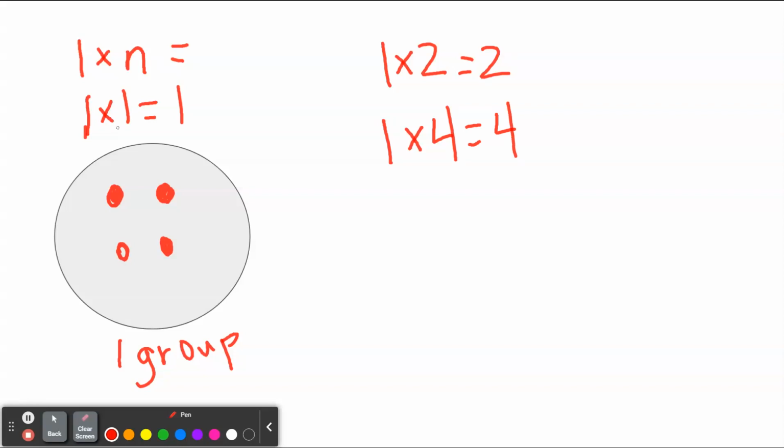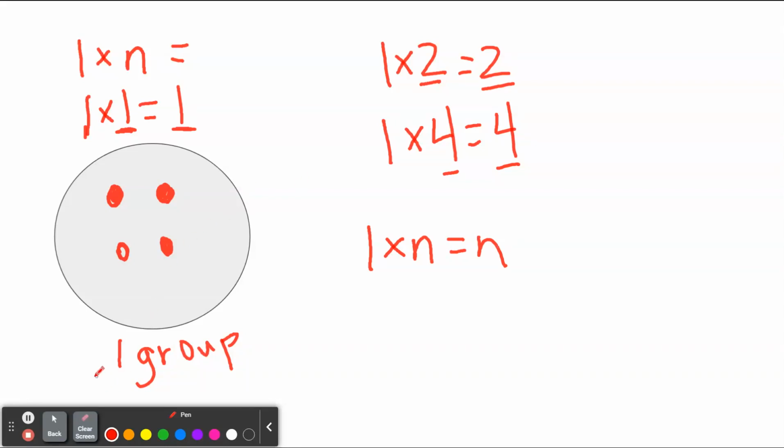It looks like whenever I have n, my number, the product is the same. So if I had 1 times 2, that's going to equal 2. Those are the same. 1 times 4 is equal to 4. So if I multiply 1 times any number, that's going to equal that number.